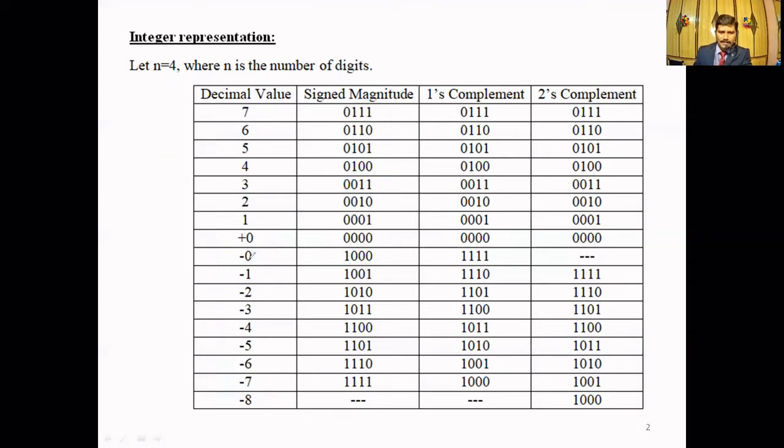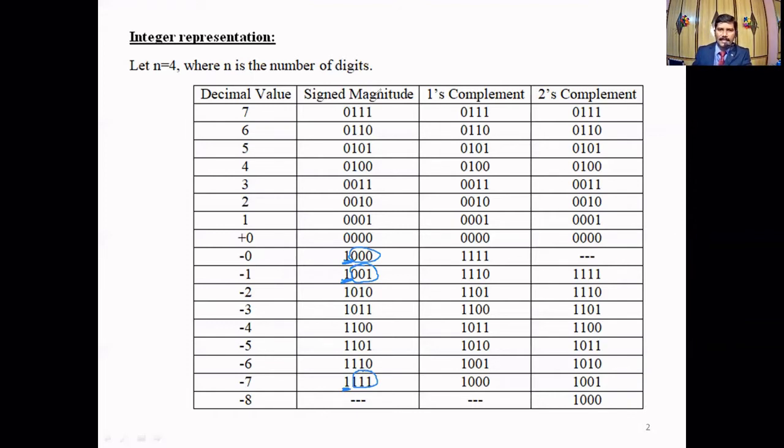Coming to negative numbers, here 1 indicates minus, and the 3 bits are the magnitude 001. Like that, minus 7: this 1 indicates minus, and the magnitude is 111, which means 7.